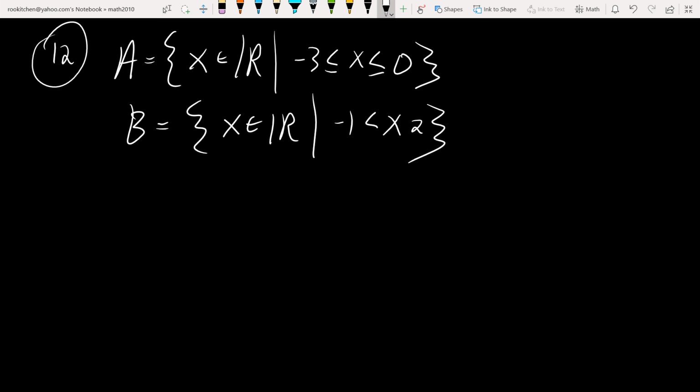Anyways, I'll go ahead and plot these on the number lines. So I need -3, -2, -1, 0, 1, 2, 3. Okay, so I'll put -3 here, -2, -1, 0, 1, 2, 3. I'm going to use a closed bracket to imply that I have included the endpoint. It's less than or equal. When you see a bracket like that, they'll call that a closed interval.